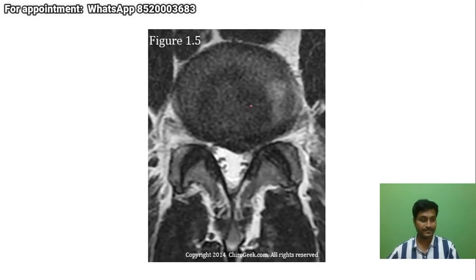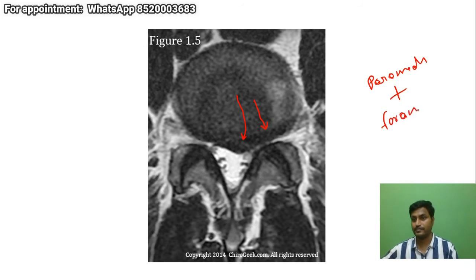This one. There's a single disc bulge at two levels. No, you can say this is paramedian plus foraminal. Left.